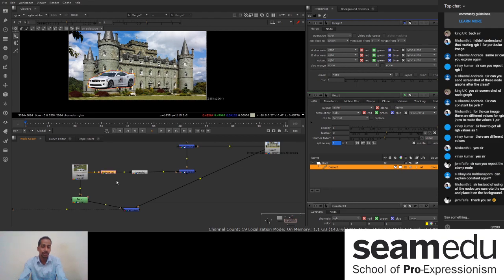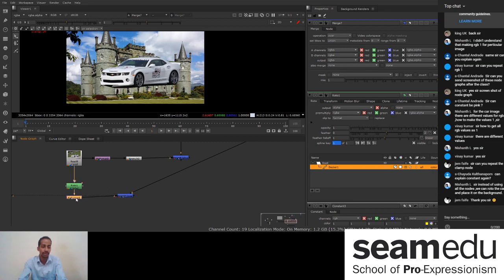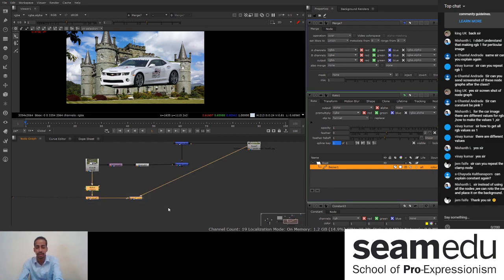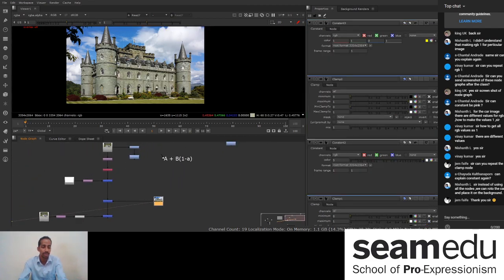If I use reformat, it will be slightly bigger in size. This is the result you're talking about, but the objective is not to put the car on top. To understand the over operation is the objective for me to teach you.